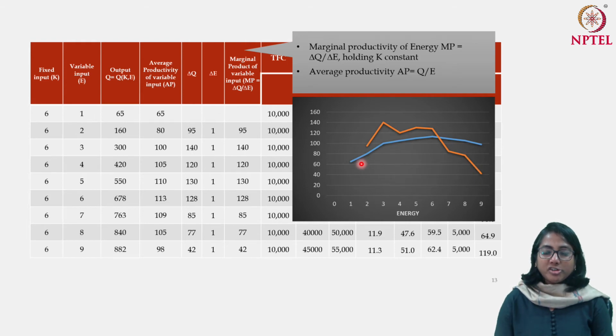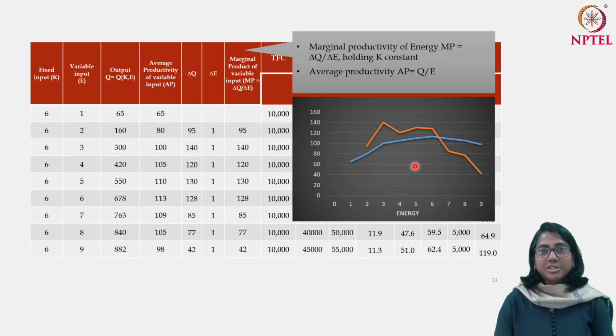Initially the average productivity of labor was lower than the marginal productivity, but marginal productivity cuts the average productivity, or sorry, here we are considering energy. You can think about any variable input. Then it becomes less than the average productivity of energy.